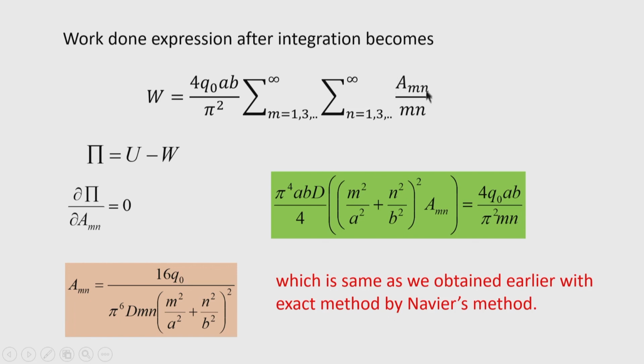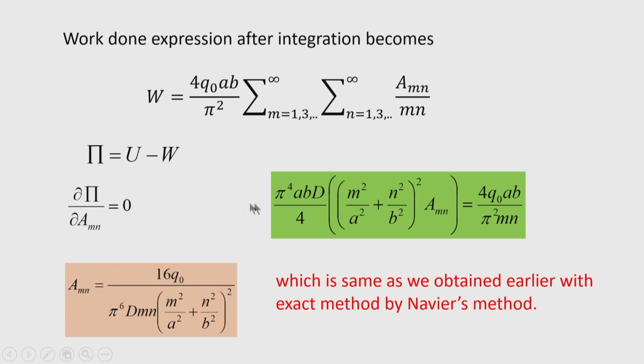So, therefore, we get this work done as double summation A m n divided by m n. Now, calculate the potential pi equal to U minus W, then apply the Rayleigh method, del pi by del A m n equal to 0.